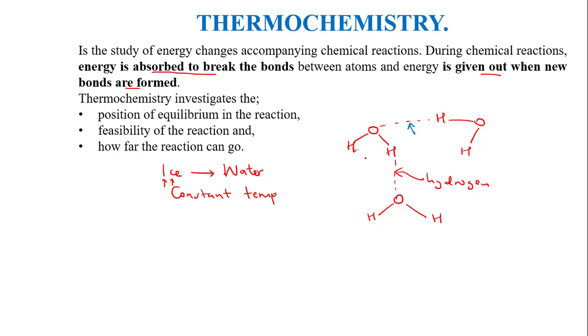That's why we see the temperature remaining constant: the heat energy that we apply to the ice, instead of increasing the vibration of these molecules, is used to break the bond. As such, temperature will not increase because we don't have any increase in kinetic energy.